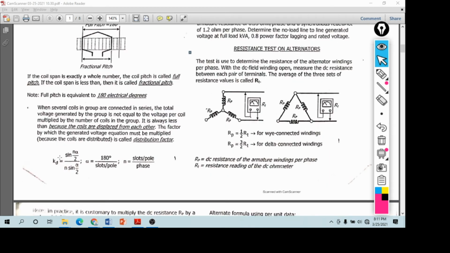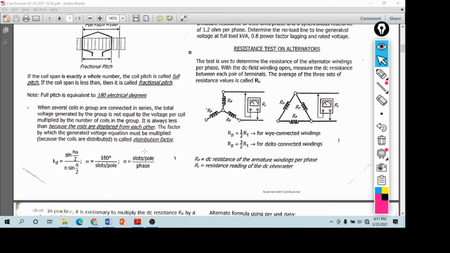So Kd is equal to sine of n alpha divided by 2, all over n sine of alpha divided by 2, where alpha is equal to 180 degrees divided by slots per pole, and n is slots per pole per phase.